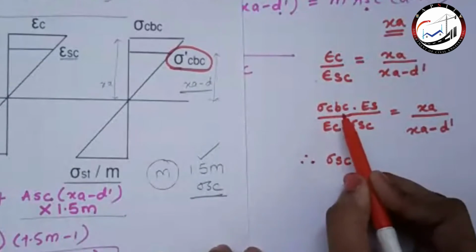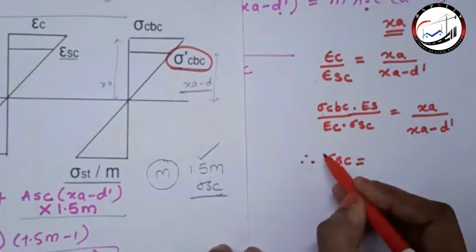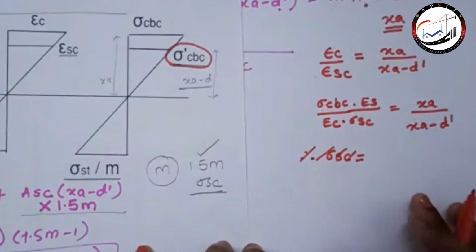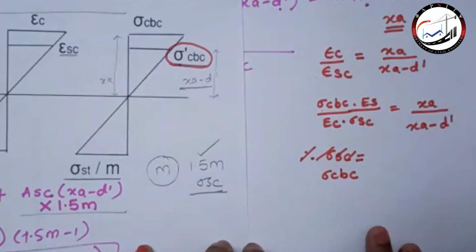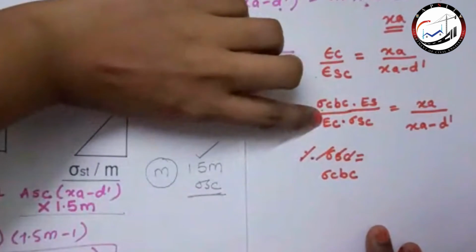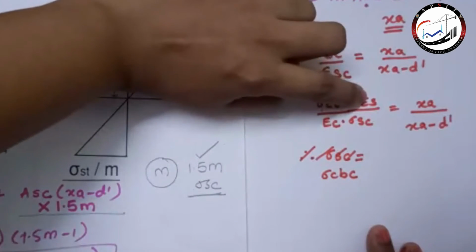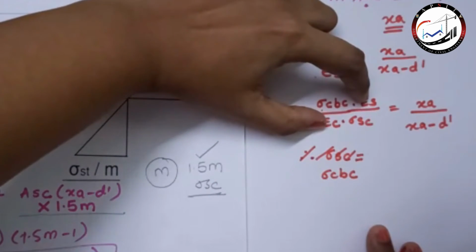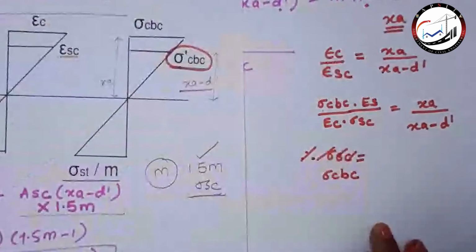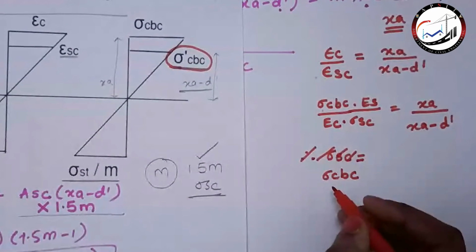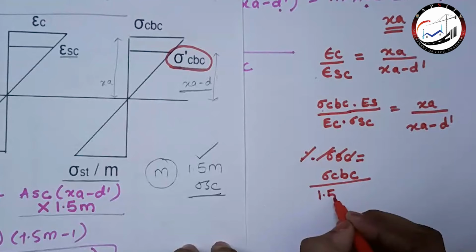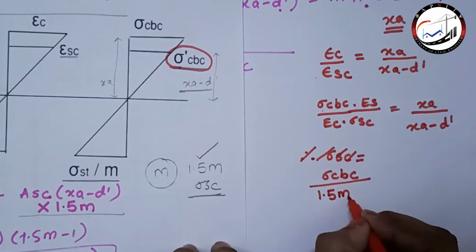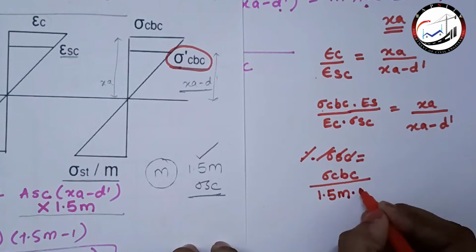This can be written as sigma CBC upon this whole term, that is EC upon ES. You know that this is the modular ratio. So I am going to write it as the modular ratio, and it is to be multiplied with 1.5. So 1.5 m into sigma SC.